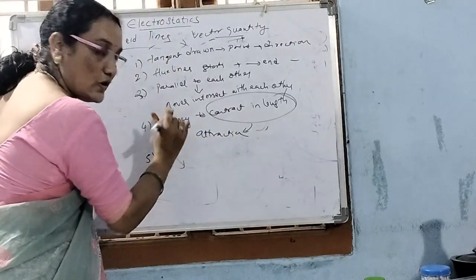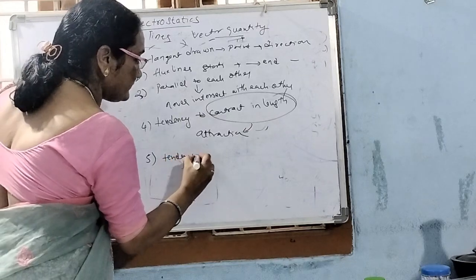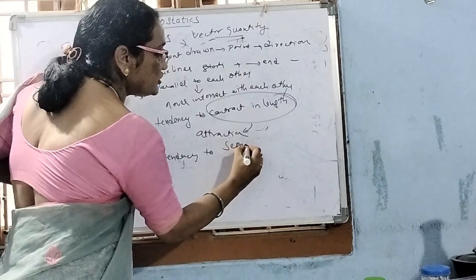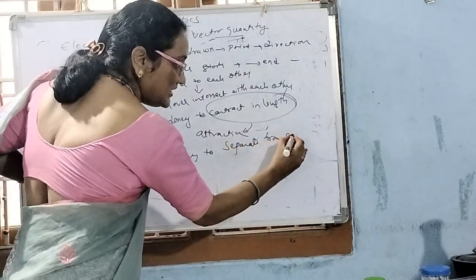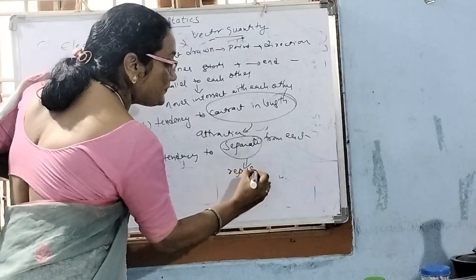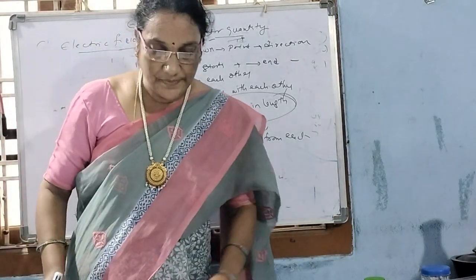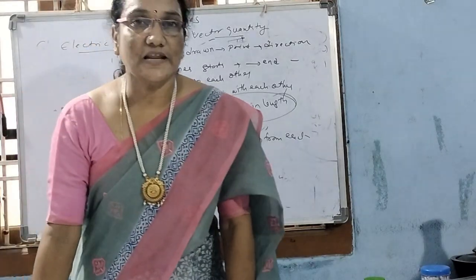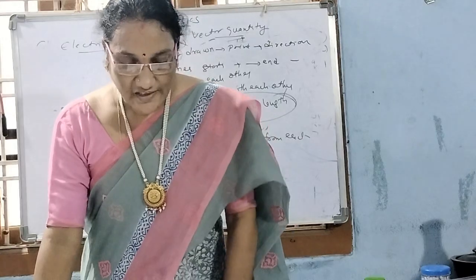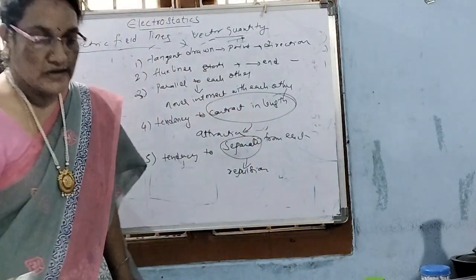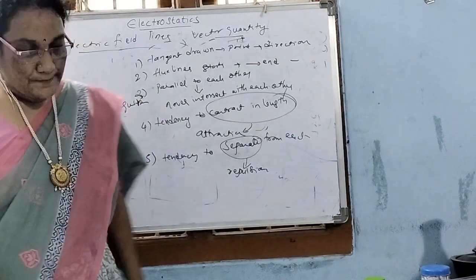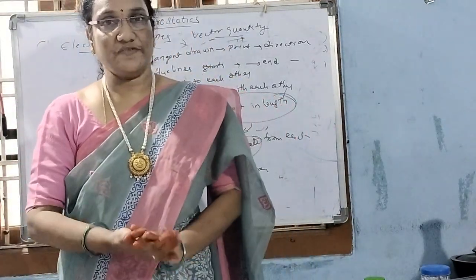And they also have the tendency to separate from each other, and this separation indicates the repulsion between the two charges. And next, the electric lines of force are perpendicular to the equipotential surfaces.